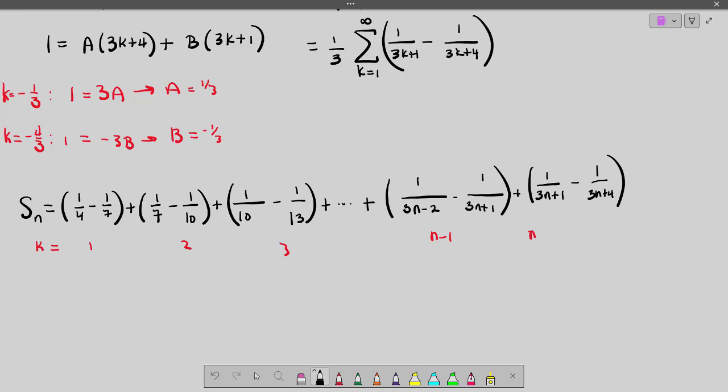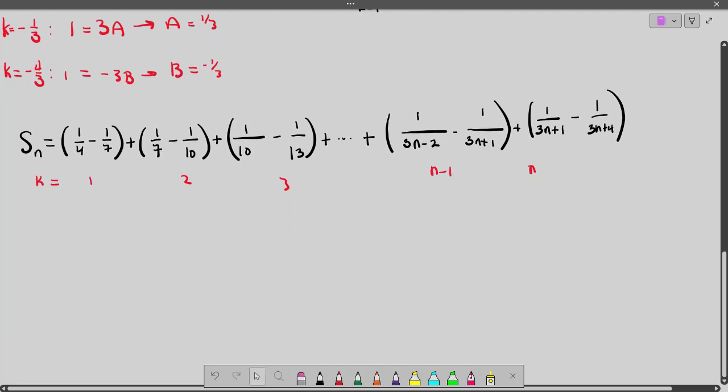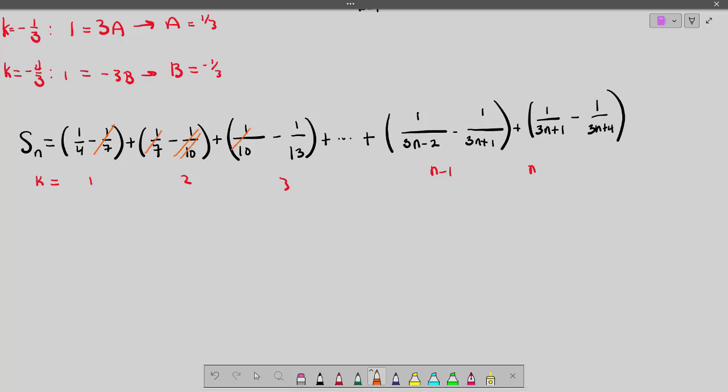The cancellation: start on the left, go left to right, second with subsequent first, second with subsequent first. And then we want to go right to left.